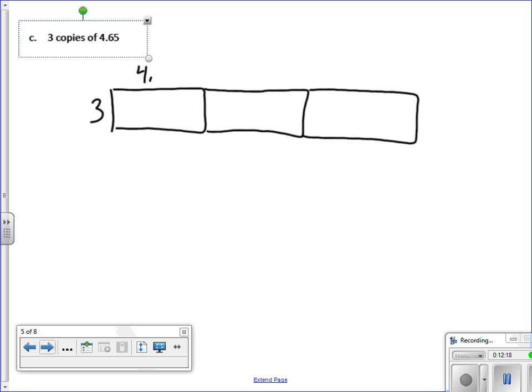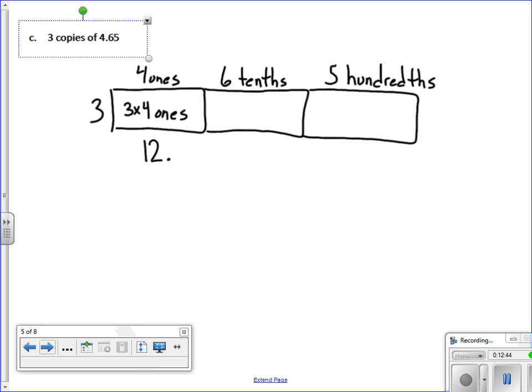We're going to have 4 ones, 6 tenths, and 5 hundredths. First one we're going to do is 3 times 4 ones. 3 times 4 ones is going to give us 12. Do not forget that imaginary decimal point.